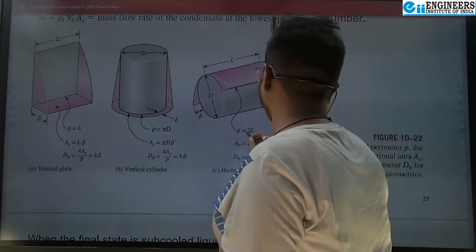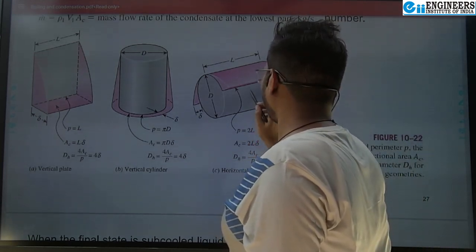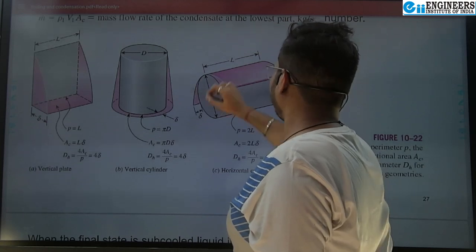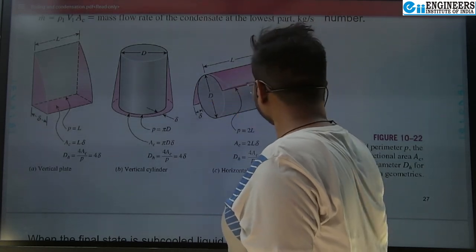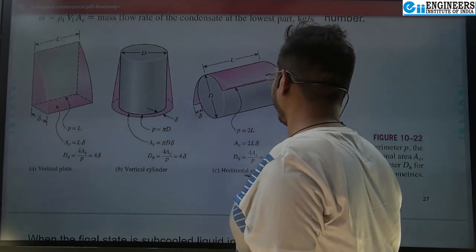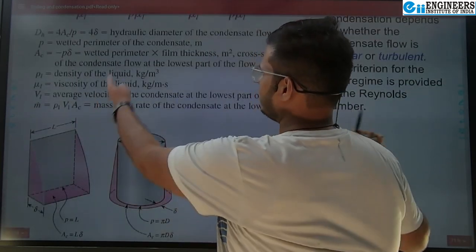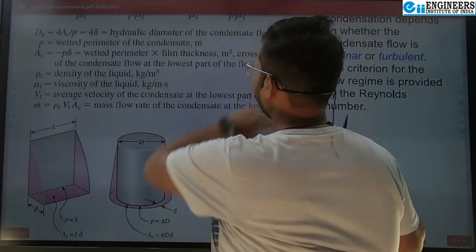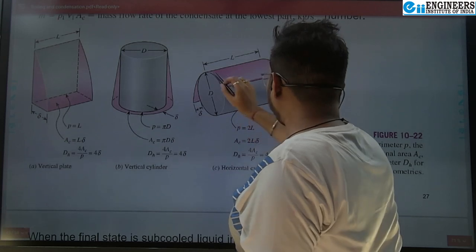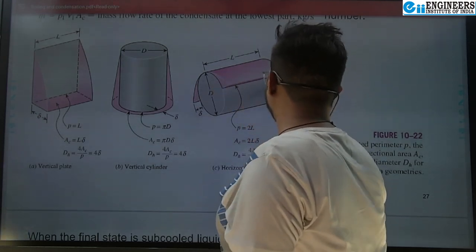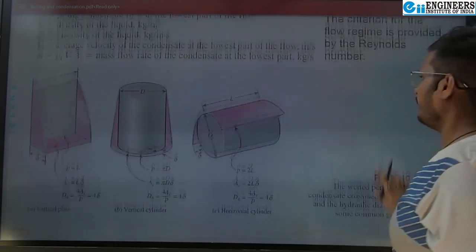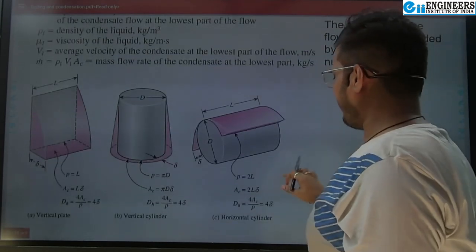Here the perimeter is the perimeter of the film being formed, that is 2 into L, this side plus this side. And A_c is P into delta, that is wetted perimeter into film thickness. So the area is 2L delta, and it comes out to 4 delta, that is 4A by P or 4 delta.